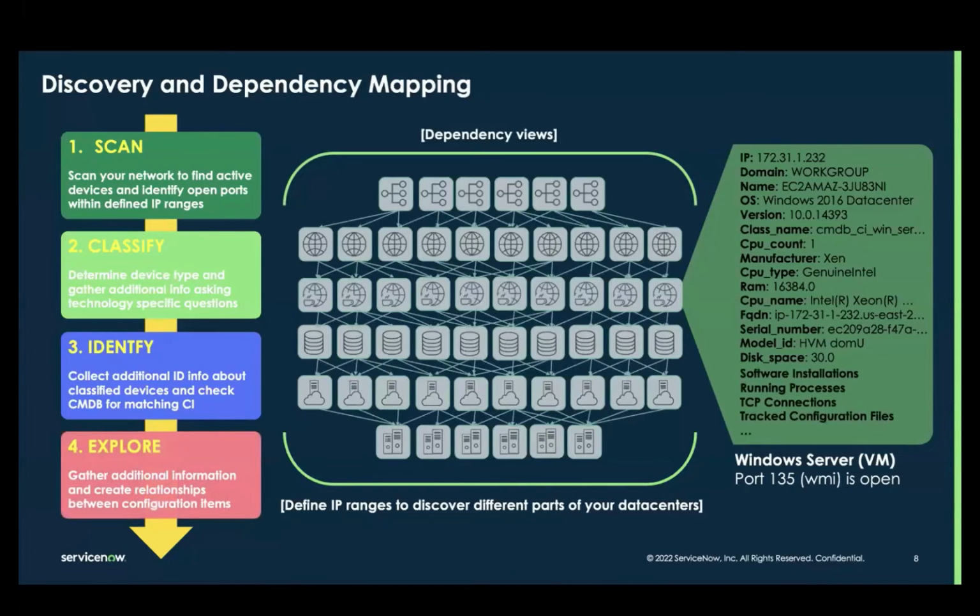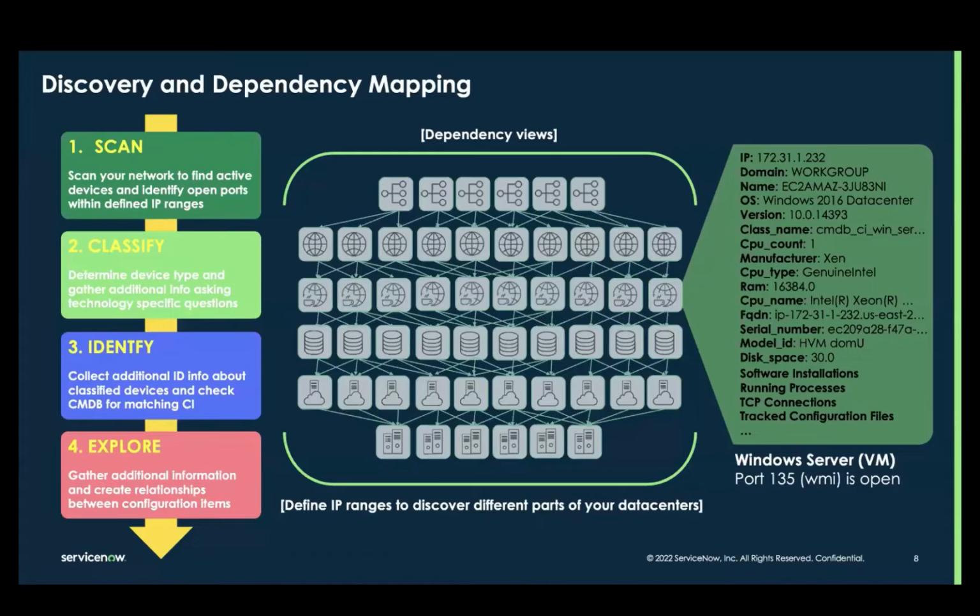And then we have the exploration phase, where we gather, again, just additional information on top of that. As an example, what is the software that is running on that particular CI, running processes, TCP connections, etc., that would allow us also to create relationships between the different CIs. This is in a nutshell what discovery does and how we get the dependency mapping view.